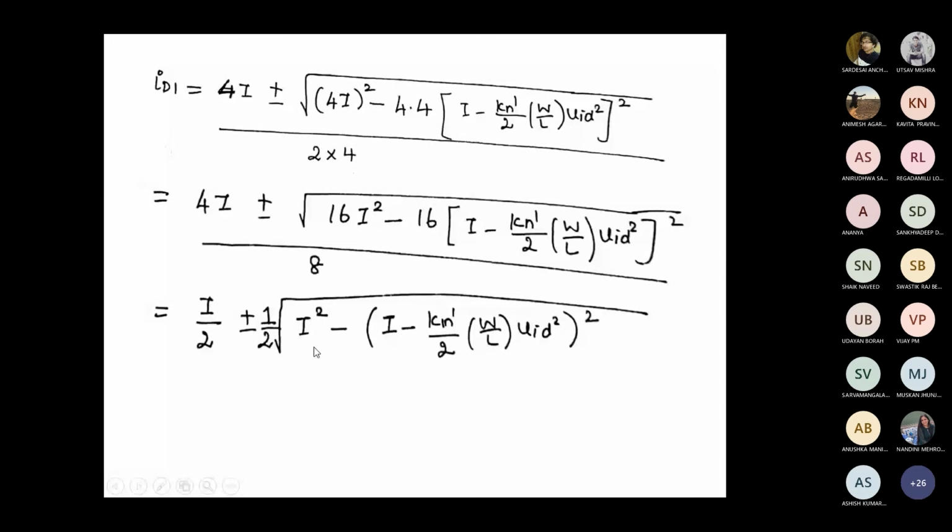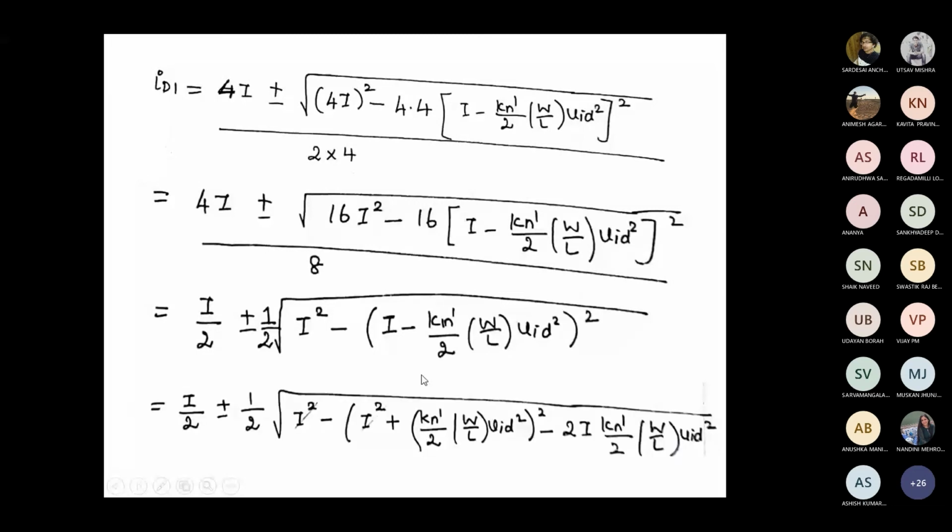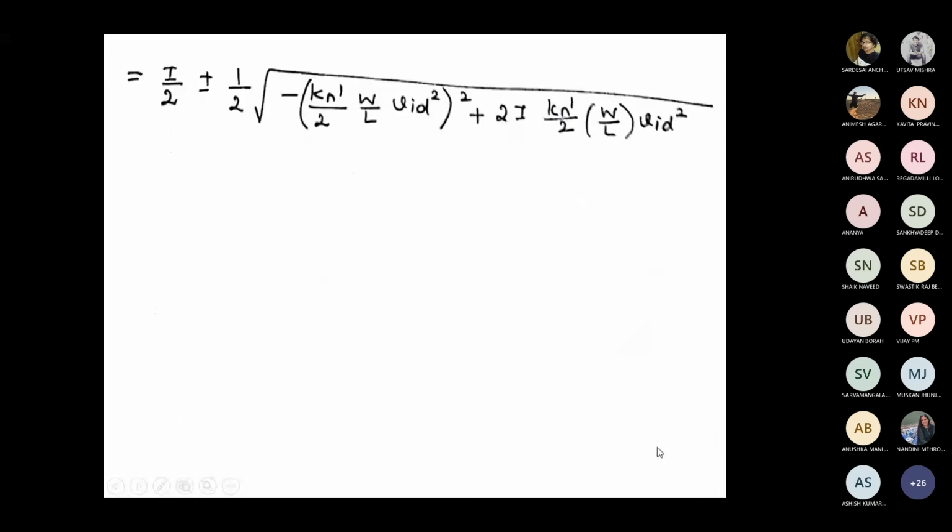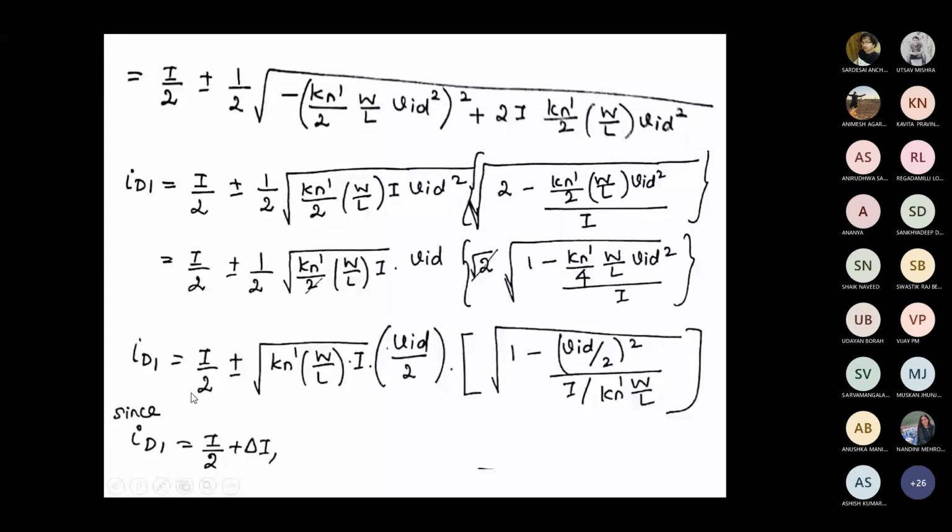Inside, we are again simplifying. With further simplification, we have ID1 as I by 2 plus or minus root of k n' W by L into I. Then this 1 by 2 is brought out: VID by 2, and inside the root, 1 minus VID by 2 whole square by root of I by k n' W by L. So this is the final equation in terms of ID1. We have solved the quadratic equation for ID1.